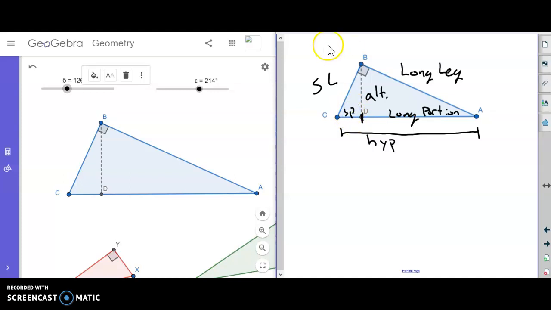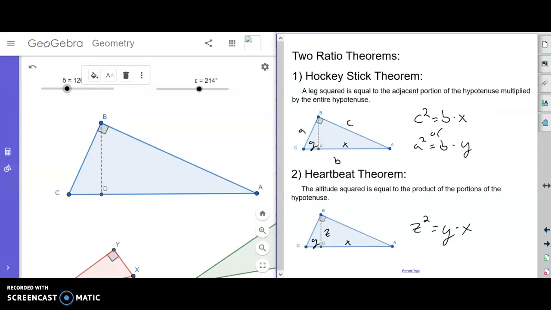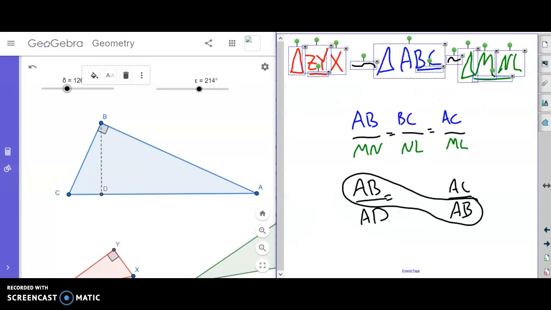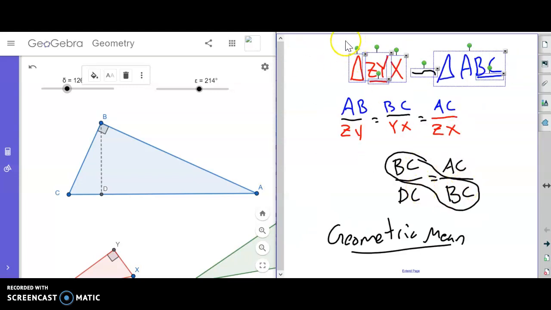So what we create is we can now look at these ratios amongst these things. So let's go back and look at our first one. If we come all the way back here, we have BC over DC equals AC over BC.